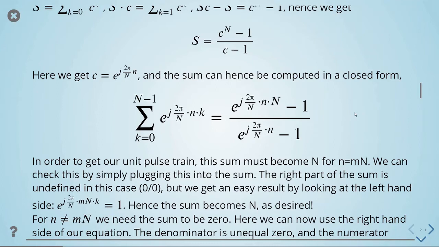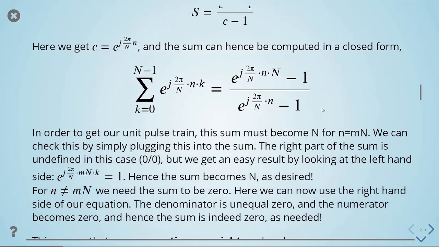So this sum must become N for n equals m times N. So what we do, we replace here n equals m times capital N, and then we see that this part here is an undefined case, so we have a 0 divided by 0, but on this part here we have that this here is equal to 1, and then this sum becomes N as desired.